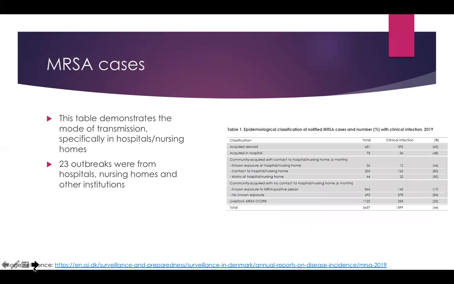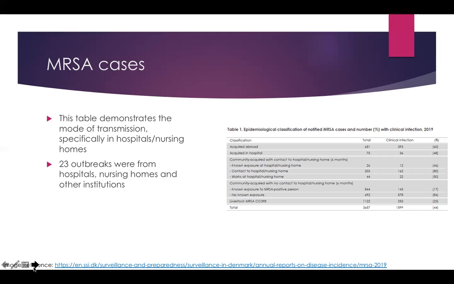So lastly, this is just a table I wanted to include because most of us are going into the medical field or already work at a hospital or a nursing home or that type. So it's just something to think about in the past 6 months.